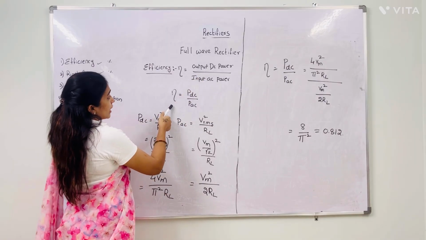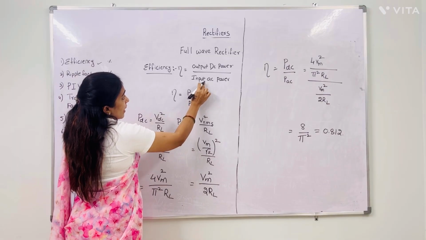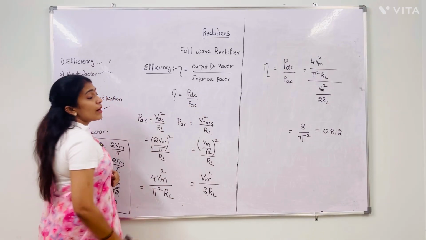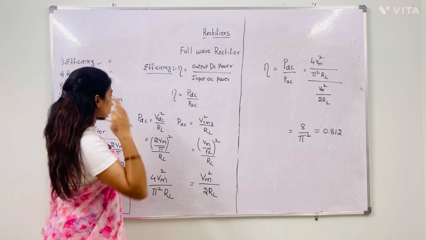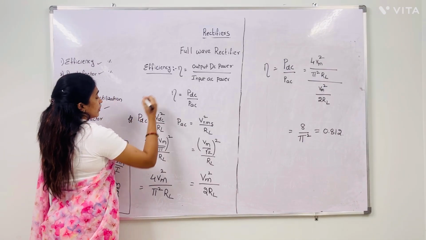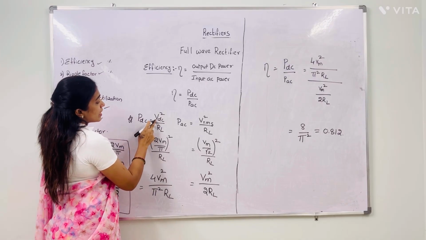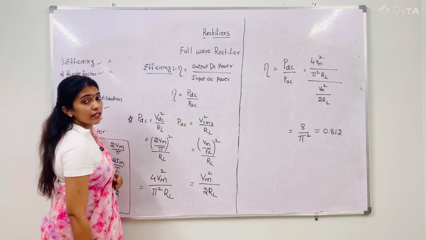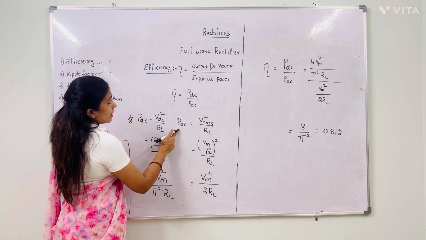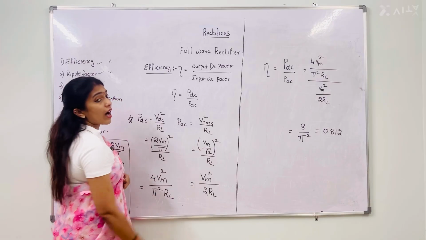So eta equals output DC power, P DC, by input AC power, P AC. The P DC formula is V DC square by RL. The P AC formula, input AC power, is V RMS square by RL.